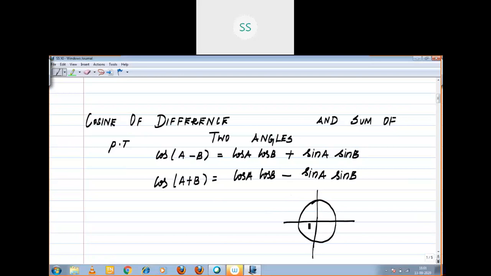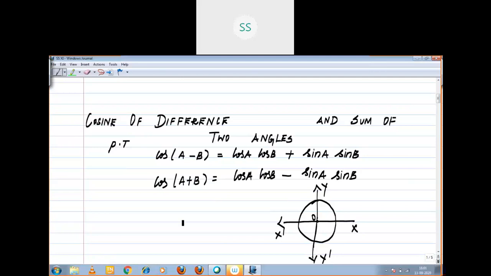Now, see, this is my x-axis, this is my y, x dash, y dash. Got it? This is the origin. Normally, when you are taking the points in the coordinate axis, in trigonometry, they represent cosine and sine.